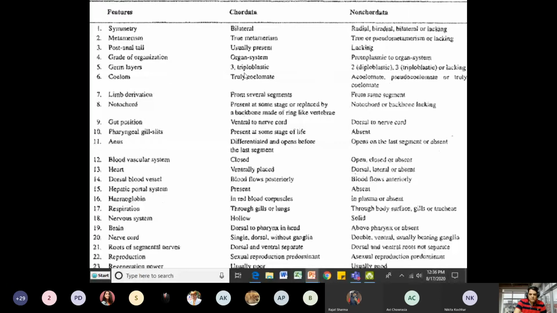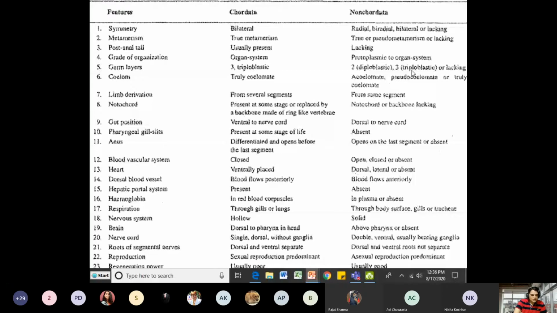Germ layers: they are diploblastic or triploblastic, or sometimes only one, like in protozoans. Then the coelom: chordates are true coelomates, enterocoelic, whereas non-chordates may be acoelomate, pseudocoelomate, or true coelomates.